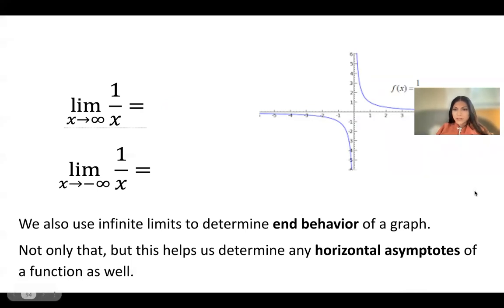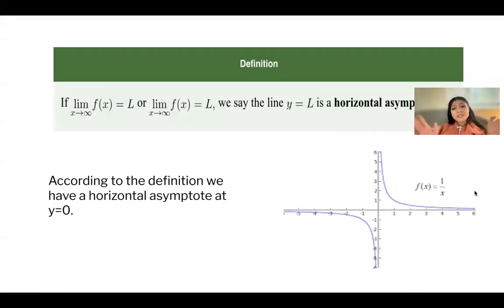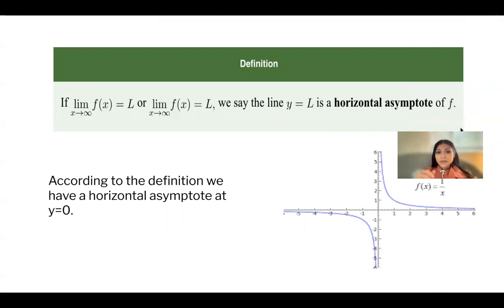All right, next slide. This is a formal textbook definition of what I was just talking about. So let's write this down. If the limit as x approaches infinity of f of x equals L, we say, and I'm curious if this is missing a negative infinity.